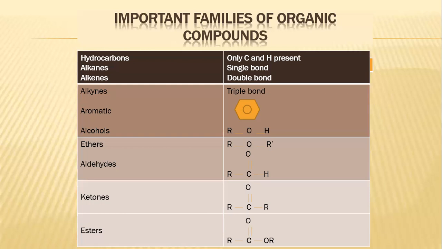In case there is no R group and only hydrogen is present, then we call it methanaldehyde, IUPAC, and formaldehyde is the common name. So if the CHO group is there, that is aldehyde, and at the end we call it aldehyde. HCHO is formaldehyde or methanaldehyde. CH3CHO is ethanaldehyde, or acetaldehyde as the common name.